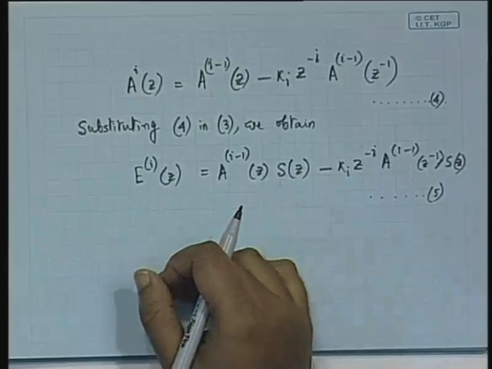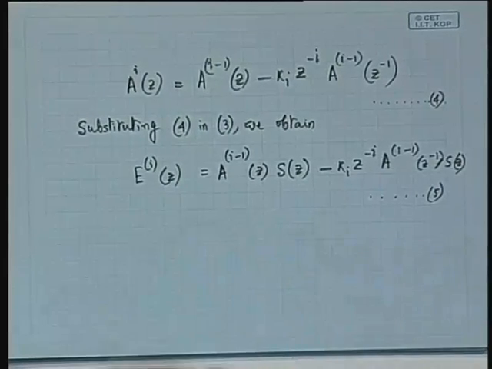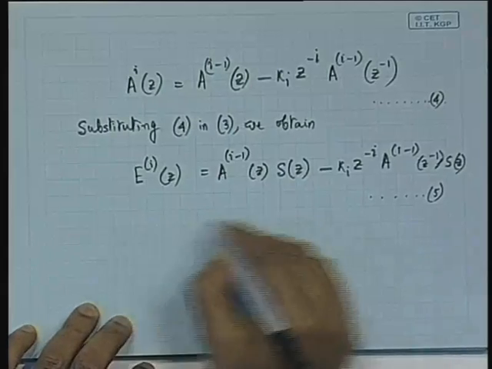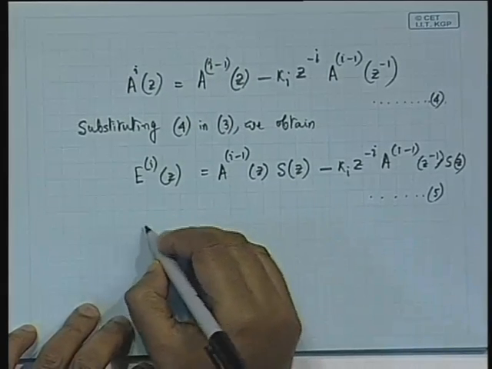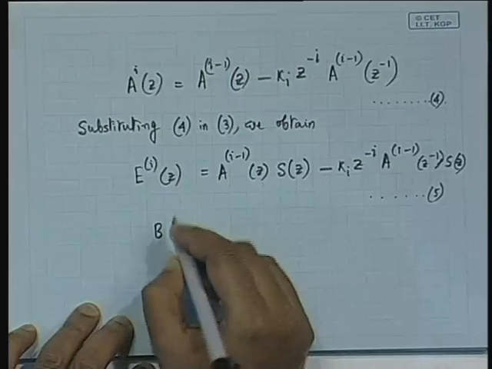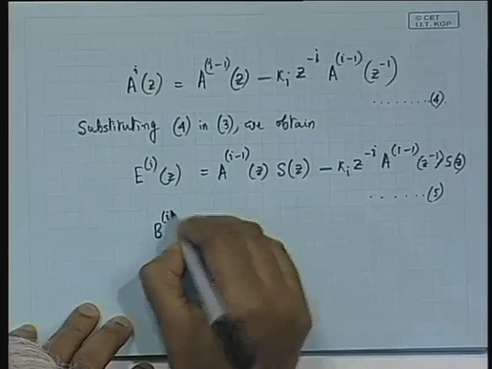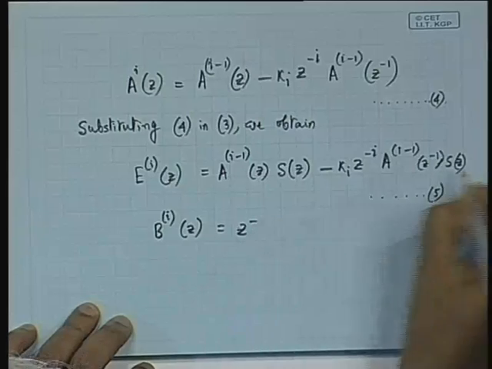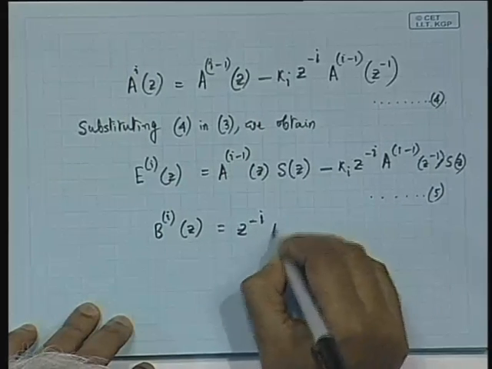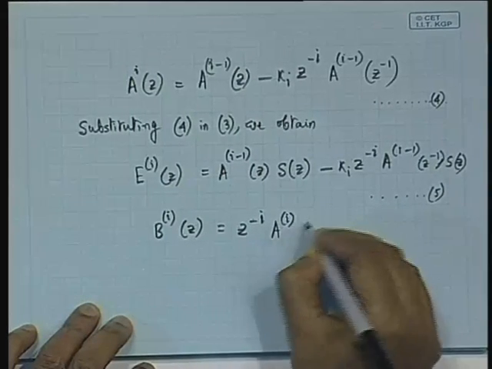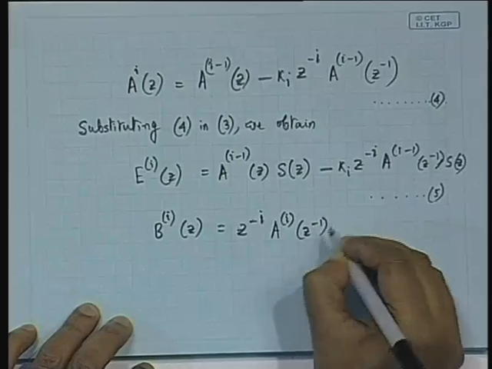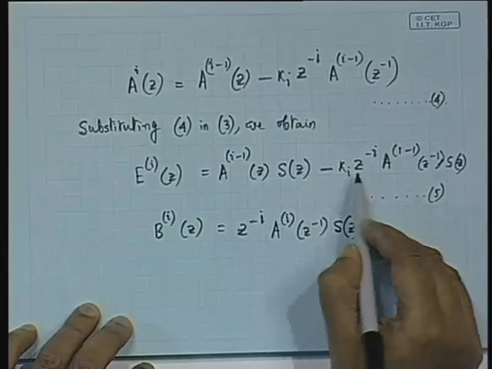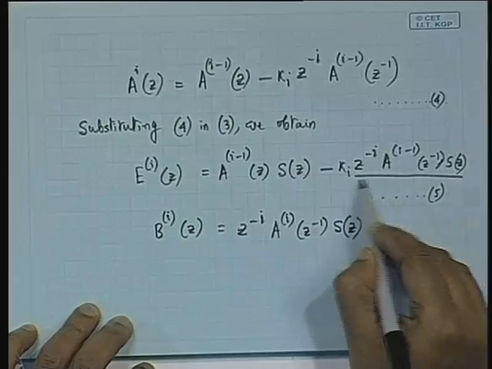Let us define another filter expression, B_i(Z), as this expression Z to the power minus i A_i with an argument Z to the power minus 1, S(Z).